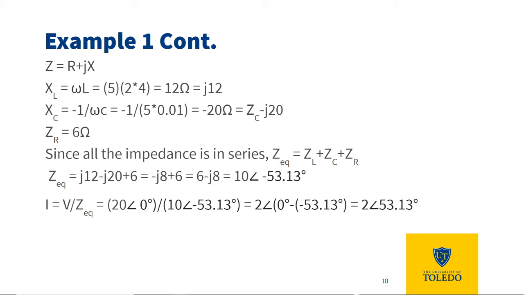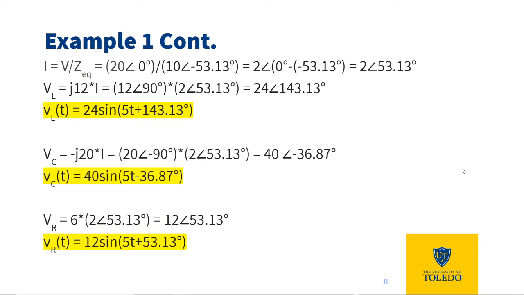I equals V divided by Z equivalent that we have just found, equals 20 angle 0 divided by 10 angle negative 53.13, equals 2 angle of 0 minus negative 53.13, which, a negative times a negative is a positive, comes out to 2 angle 53.13 degrees.